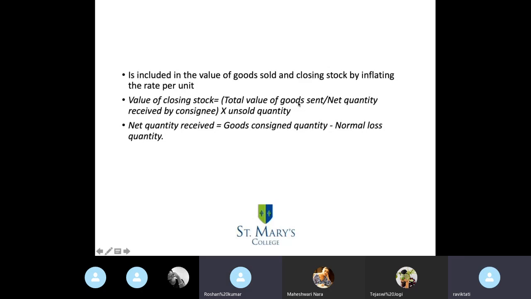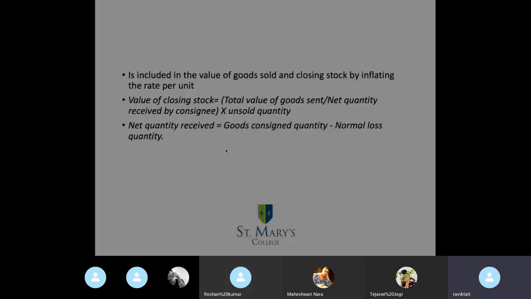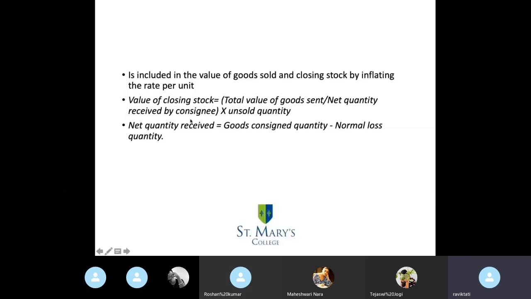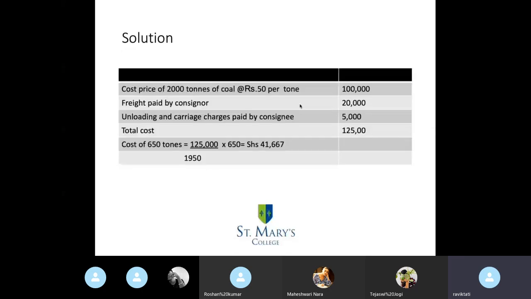That is the total value of the goods, multiplied with this formula: multiplied with net quantity received by the consignee into unsold stock. I think the formula is reversed, right? Yeah, this should be reversed.